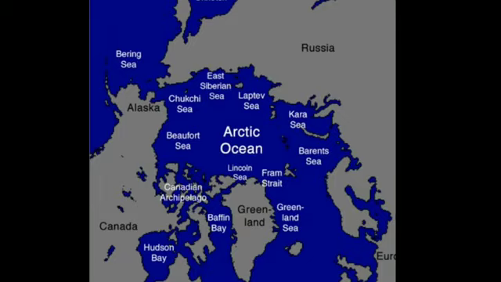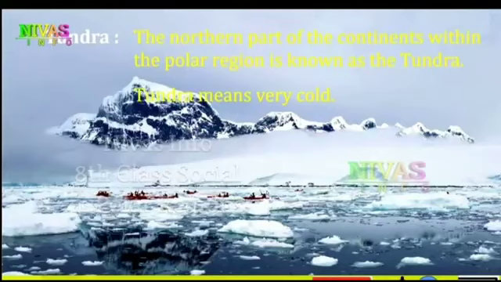Norway, Sweden, Finland, Russia, the United States, Canada, Denmark, and Iceland are the 8 countries containing land in the Arctic Circle. In the same way, the region below the Tropic of Capricorn and around the pole is the Antarctic region. In this lesson, we discuss only the North Pole region, or Arctic region.